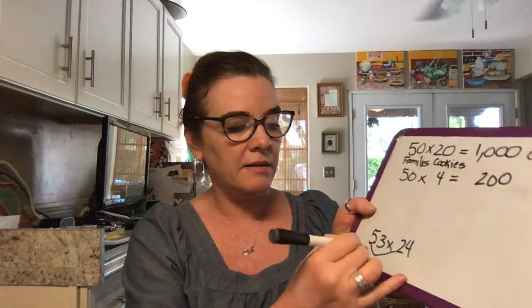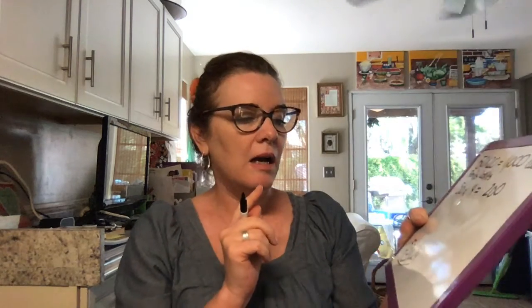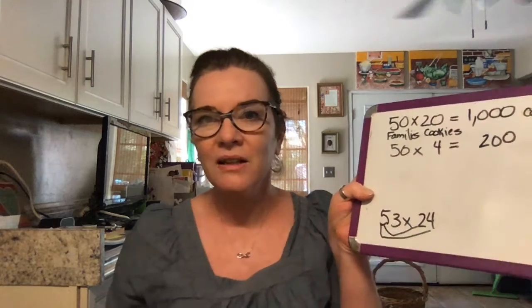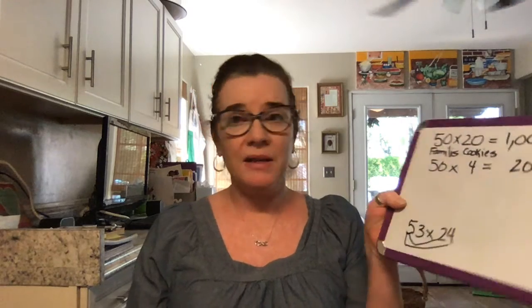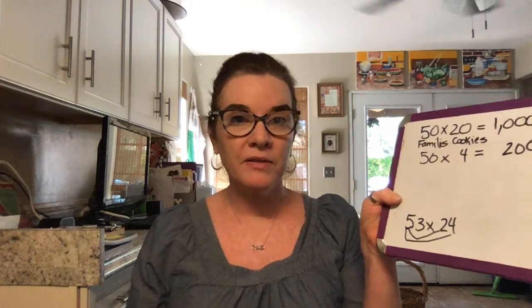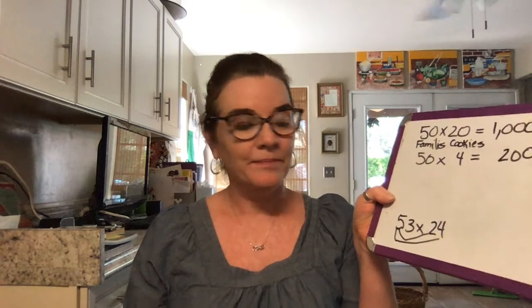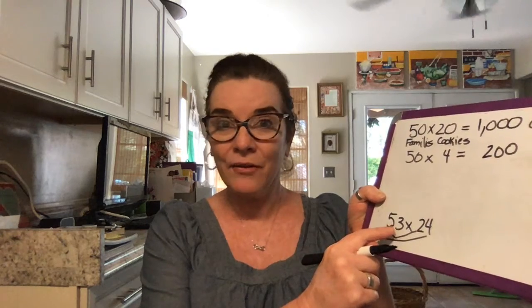I did this and that. Got a little left over here, don't I? I've given 50 families all of their cookies. How many more families do I need to give cookies to? 3 more. Yep, I didn't take account of the 3.